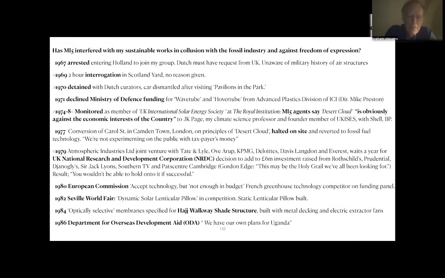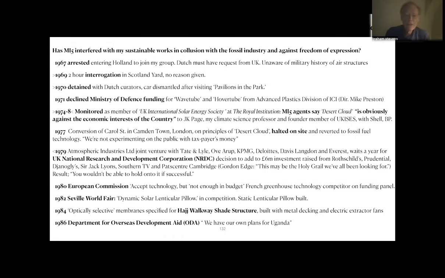In Saudi Arabia, we specified optically selective membranes for the Hajj walkway shade structure. But it was actually built, I think it was taken over by either Bin Laden's or Dar Al-Handasah. And this metal decking and extractor fans were for 7 kilometers.